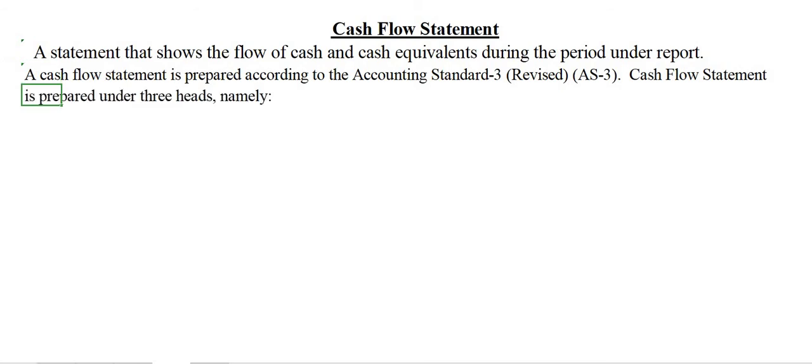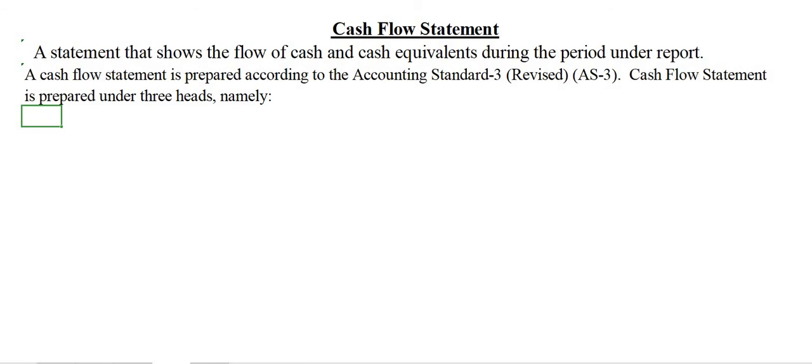There it says that a cash flow statement is prepared under 3 heads. There are 3 heads in a cash flow statement. That means we will be preparing cash flow statement in the indirect method. There are 2 methods, direct method and indirect method. Direct method is not there for the CBSE syllabus. As per the CBSE syllabus, we have to study only the indirect method of preparing cash flow statement.